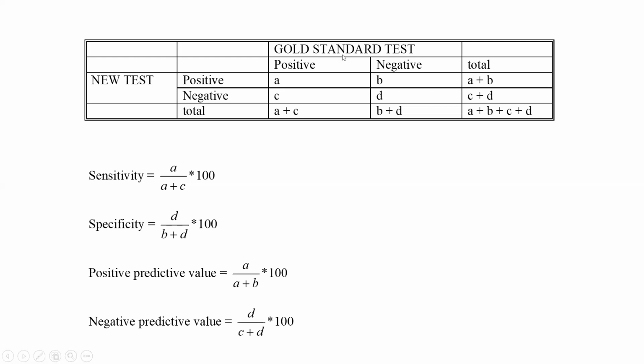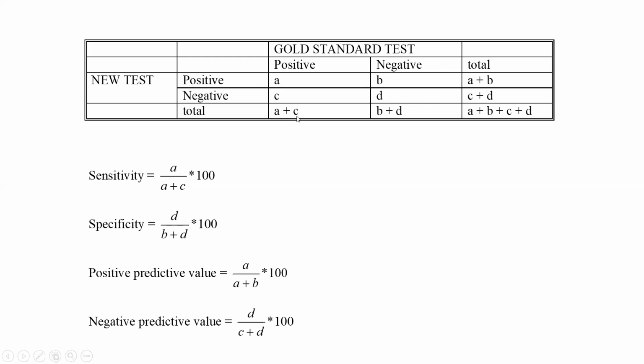That means in the population, A plus C amount of people have the disease. The gold standard test says that A plus C amount of people have the disease.